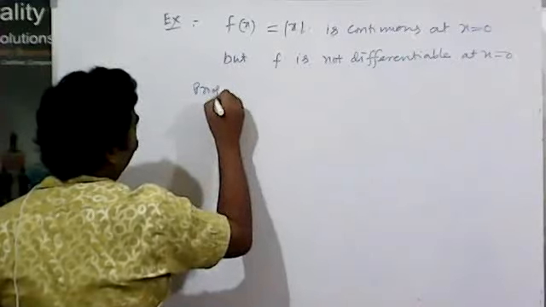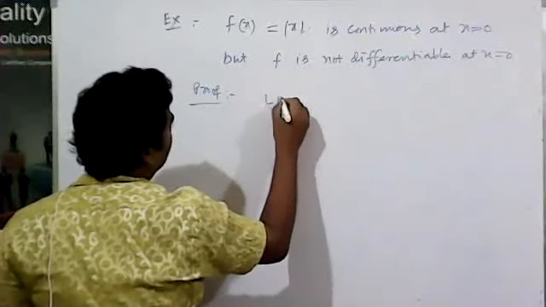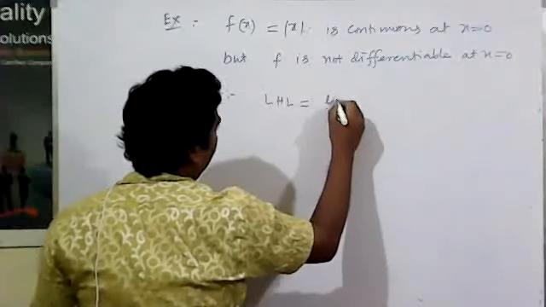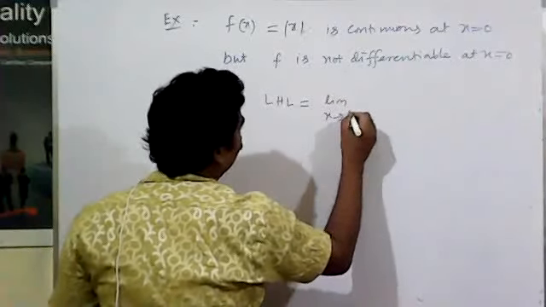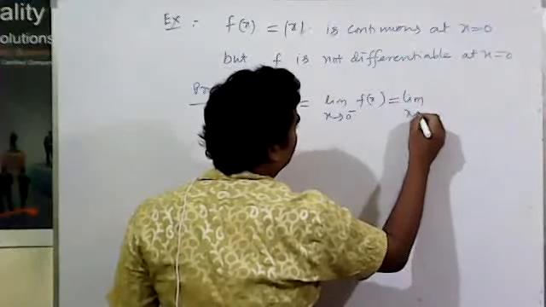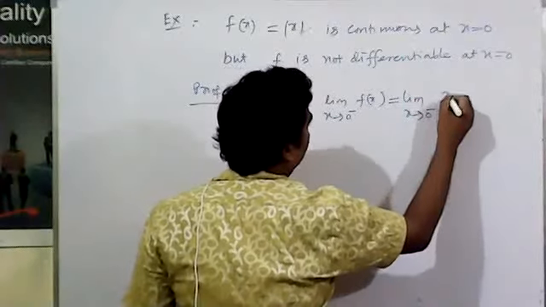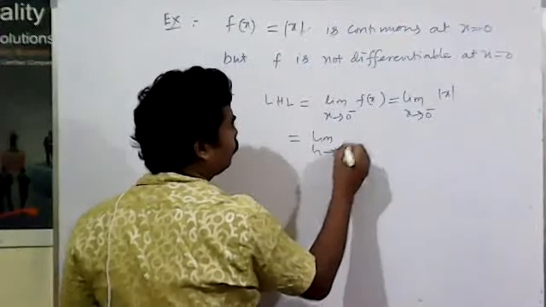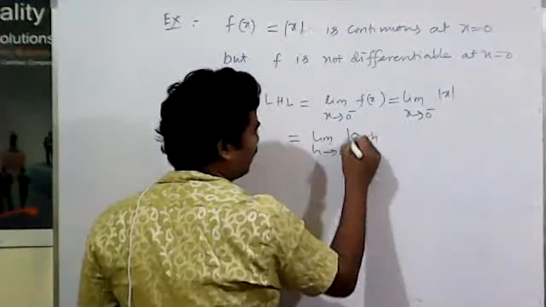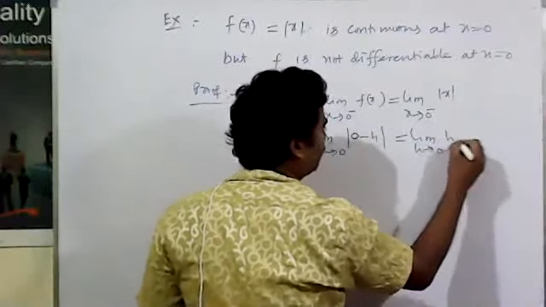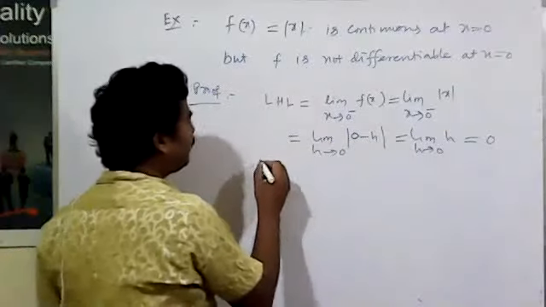First you have to prove LHL. LHL is equal to limit x tends to 0 minus f(x), that is equal to limit x tends to 0 minus modulus of x. That means limit h tends to 0, modulus of (0 minus h), which comes to limit h tends to 0 of h, that is 0.